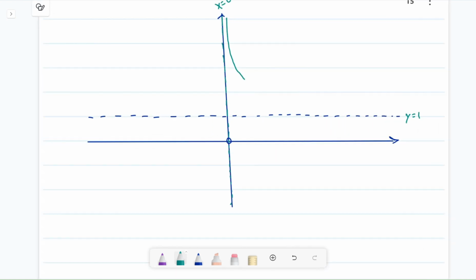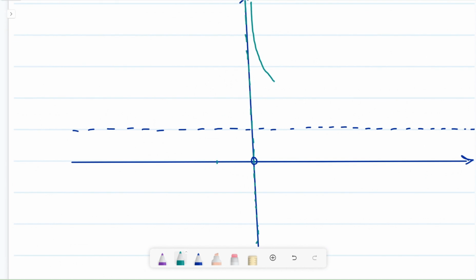Our inflection point is at negative half. So if this is negative 1, then this would be negative half. And the coordinates are negative half and e to the power of negative 2. So we can plug in e to the power of negative 2 on the calculator to see what value it gives. It will give something around 0.1135. So maybe it'll be something like here. So this is our inflection point.